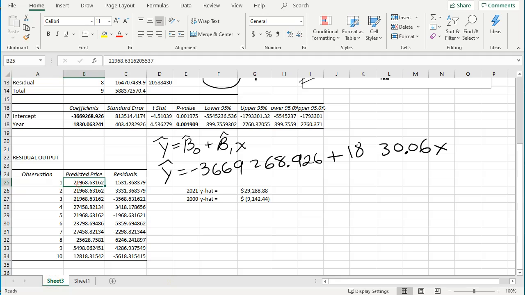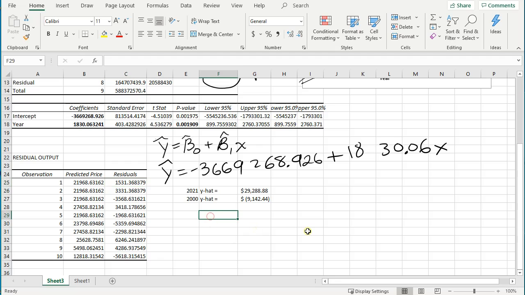The predicted value, which comes from this equation, is $21,969 if you round it. The residual is basically how far off that predicted value is from your observed value.